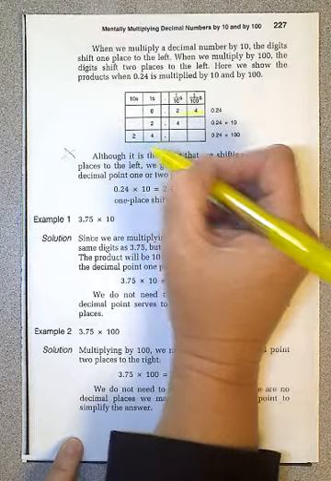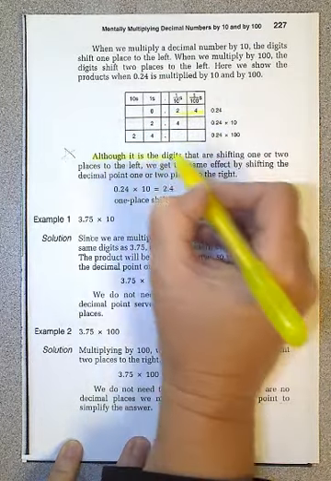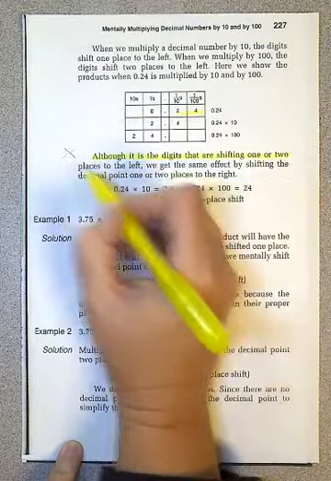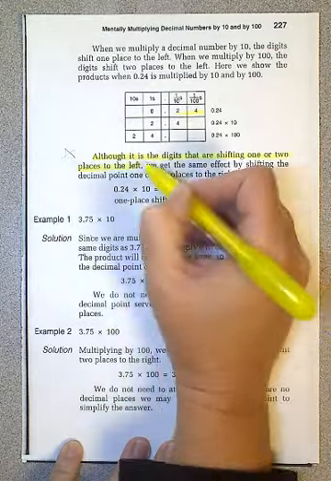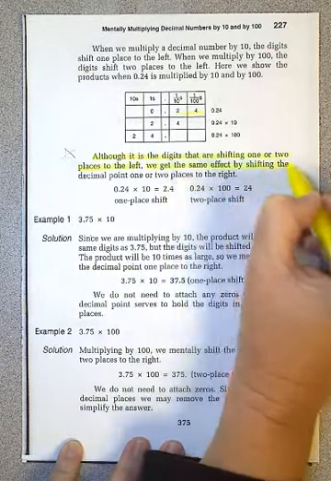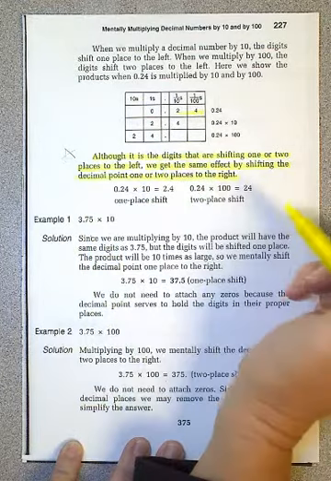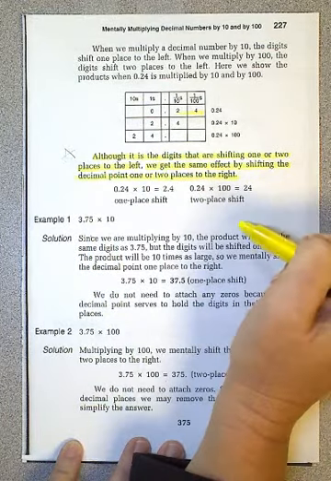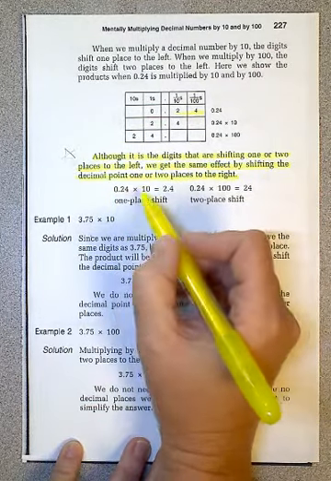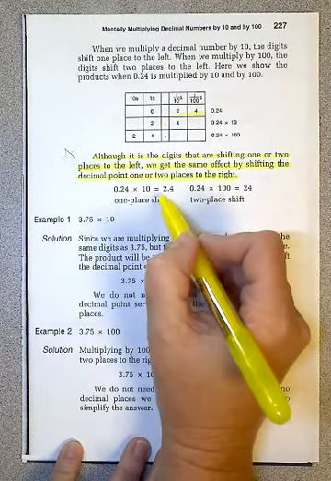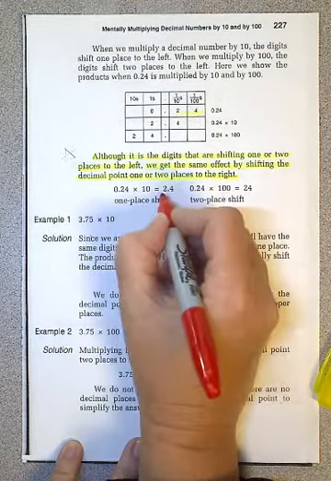Now here's the rule of thumb. Although it is the digits that are shifting 1 or 2 places to the left, we get the same effect by shifting the decimal point 1 or 2 places to the right. Therefore, anytime we multiply a decimal number times 10, simply shift the decimal one place to the right.